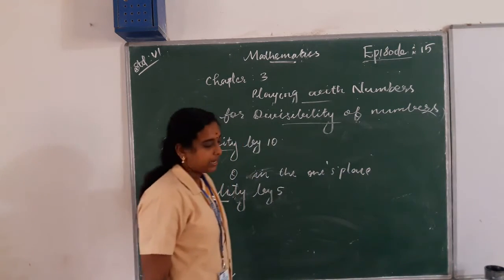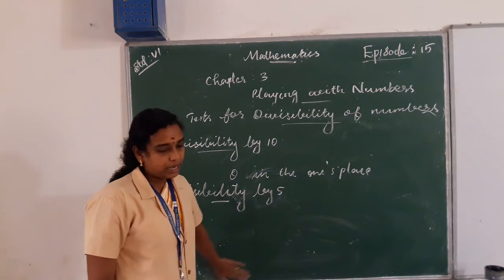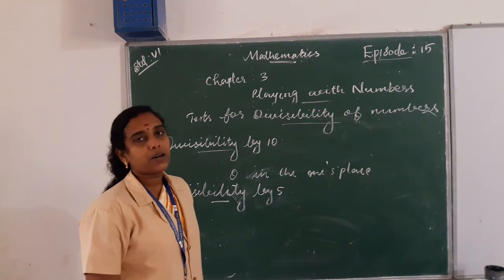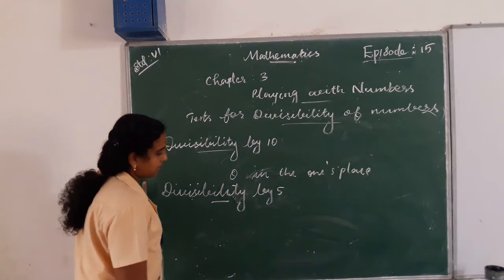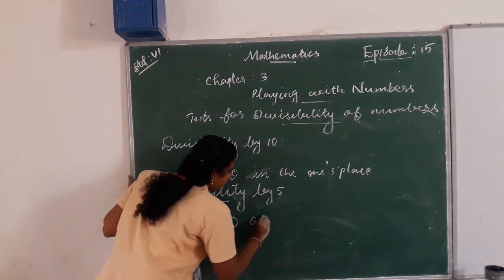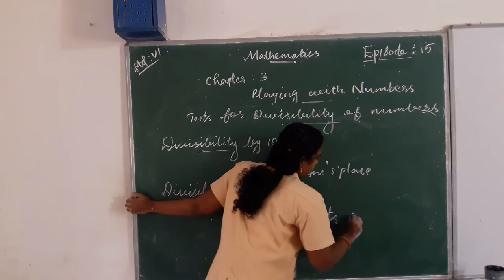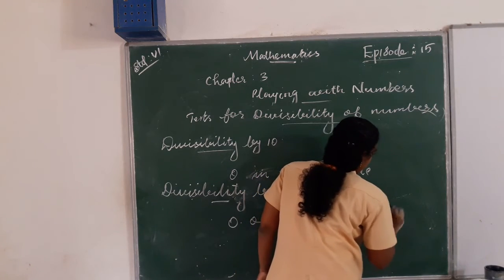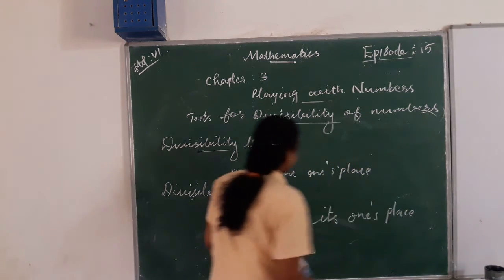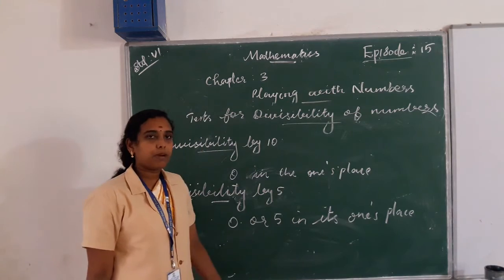So we can test divisibility by 5 by checking whether the number has either 0 or 5 in its ones place.